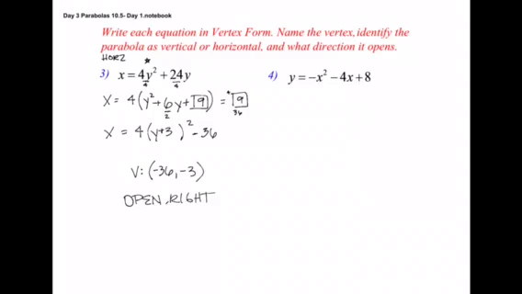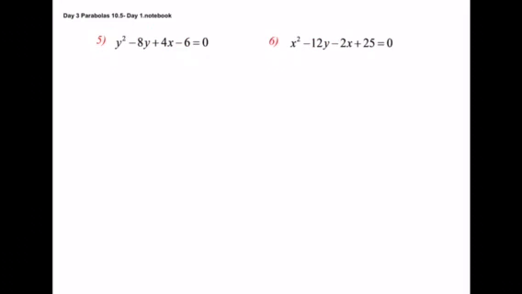When we take a look at example number 5, you notice that 4x is our term that's not squared. So we need to make sure and subtract our 4x to the opposite side of our equation so that we can write the equation or the standard form of our parabola. So after we complete the square, we'll get rid of our negative 4 in front of our x.